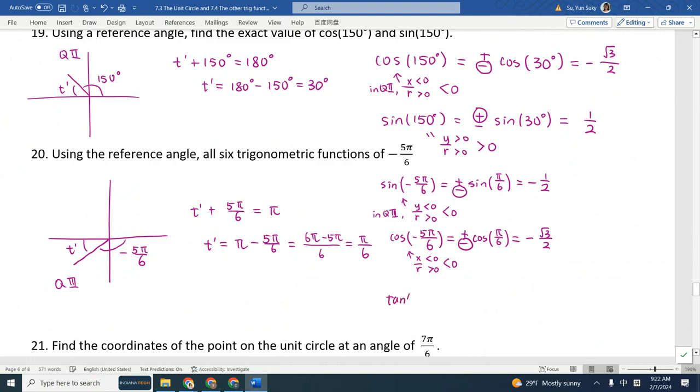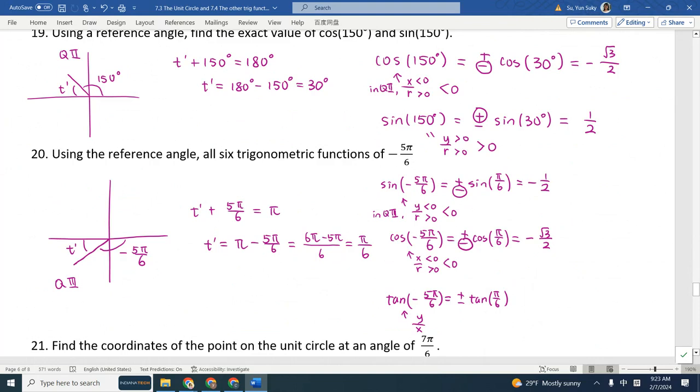Now, tangent. Tangent is plus or minus tangent pi over 6. But what's tangent in terms of x, y, r? Y over x. Is everybody okay? Tangent is opposite over adjacent, T-O-A.